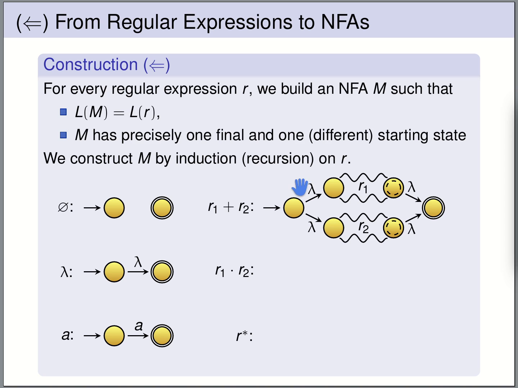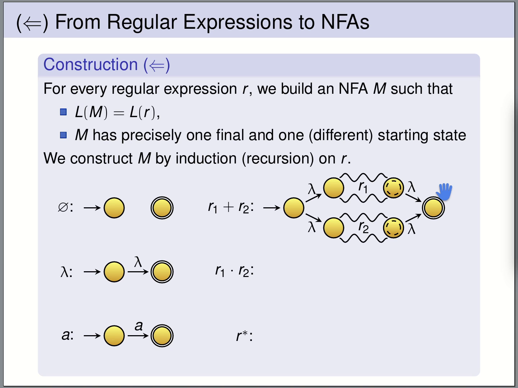We add lambda transitions from the fresh starting state to our old starting states of R1 and R2 respectively. And we add lambda transitions from the old final states of R1 and R2 to our new final state. So this dashed line here means that this was a final state before, but now we make this one here the only final state of our new automaton.